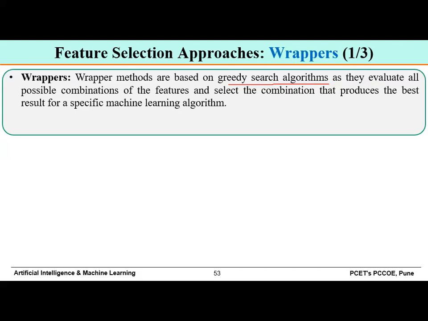So we see the effect of A on model T, effect of B on model T, similarly effect of A and B on model T, effect of A, B, C on T. Such type of study we do for all combinations. And after that, we select the combination that produces the best result for a specific machine learning algorithm.